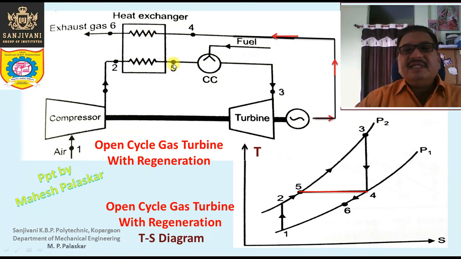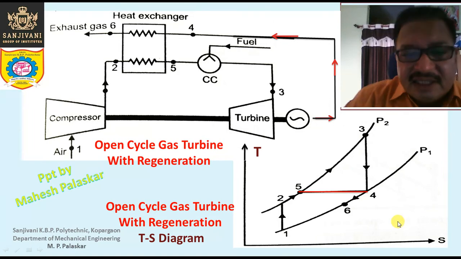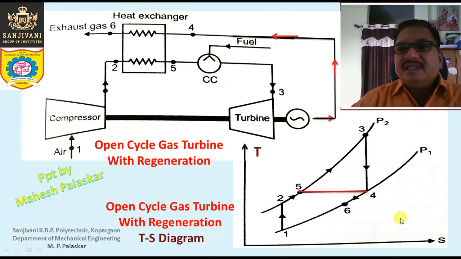So there is always some difference in the temperature. But theoretically this T4 will be equal to T5, and therefore this horizontal line is drawn here. So this is how the efficiency of the turbine can be increased with the help of the process regeneration.